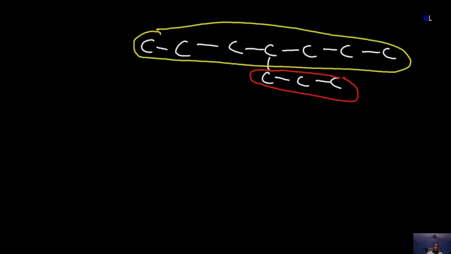Okay, let's use a different color for that. This is now the substituent. Once you notice that the substituent is a chain of carbon atoms with single bonds between them, you refer to it as an alkyl group. But the particular name of this alkyl: 1, 2, 3. 3 means prop, so it's going to be propyl.